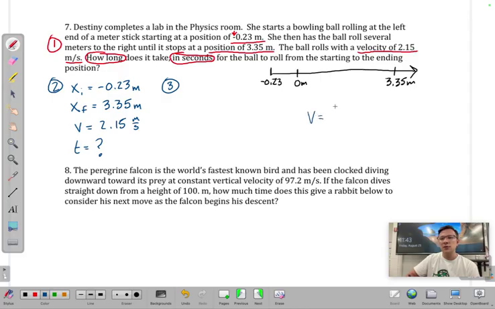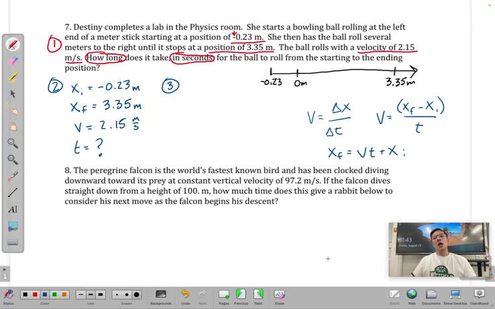Remember that velocity is equal to delta x, or displacement, over delta t, the change in time. But what that really means is that velocity is equal to final position minus initial position over the time interval, which I'll just rewrite as t here. And then we could rearrange that. The other one you have on your equation sheet is rearranged for final position, like this.